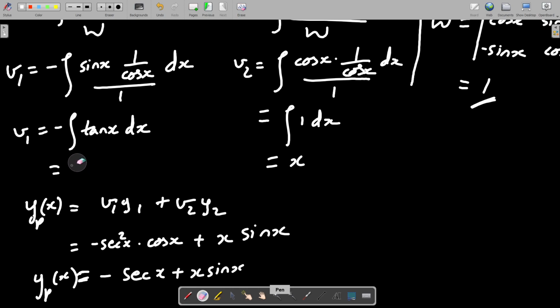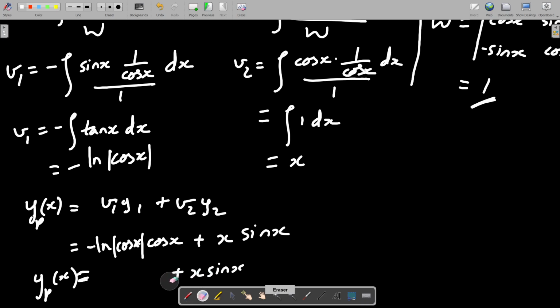Minus ln of cos x. Yeah. Okay, so make the changes everywhere else. Make changes in the solution of that problem.